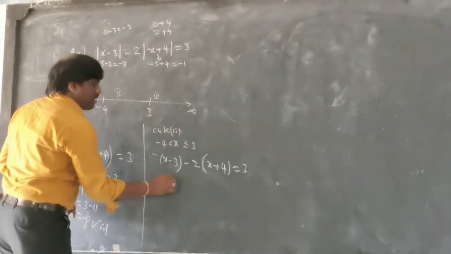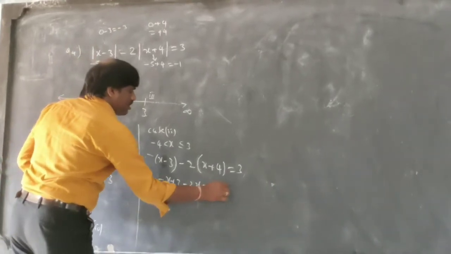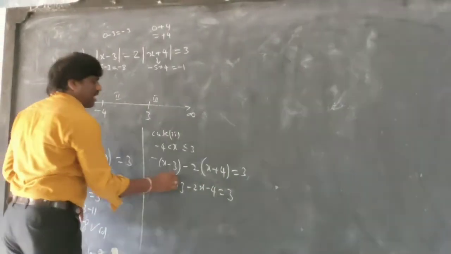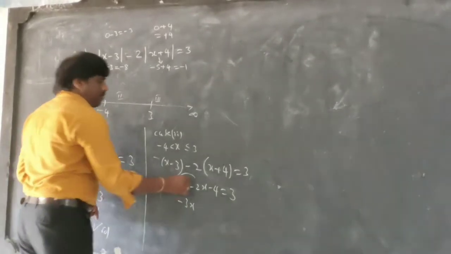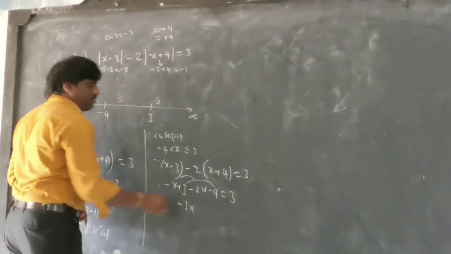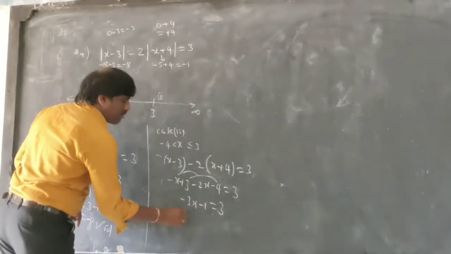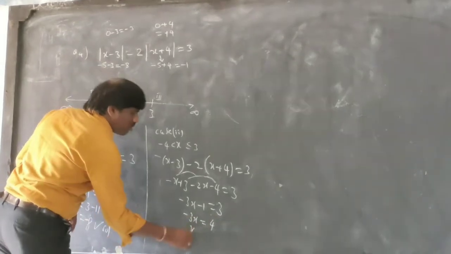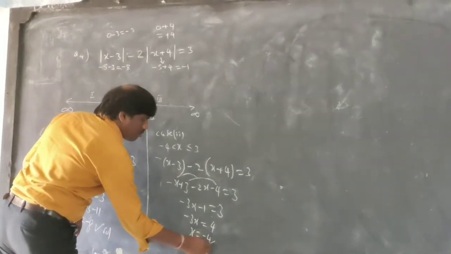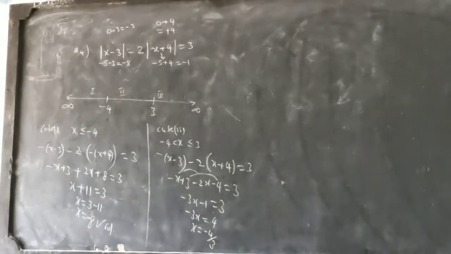Now multiply: minus x plus 3 minus 2x minus 8 is equal to 3. So minus x minus 2x is minus 3x. 3 minus 4 is minus 1 is equal to 3. So minus 3x is equal to 4. x is equal to minus 4 by 3.